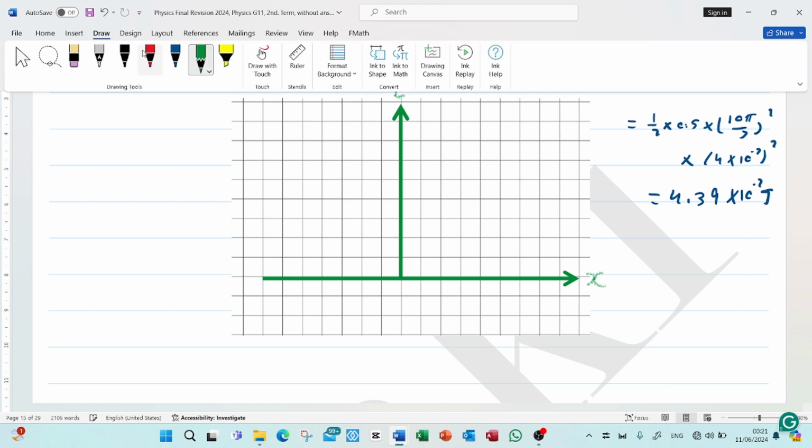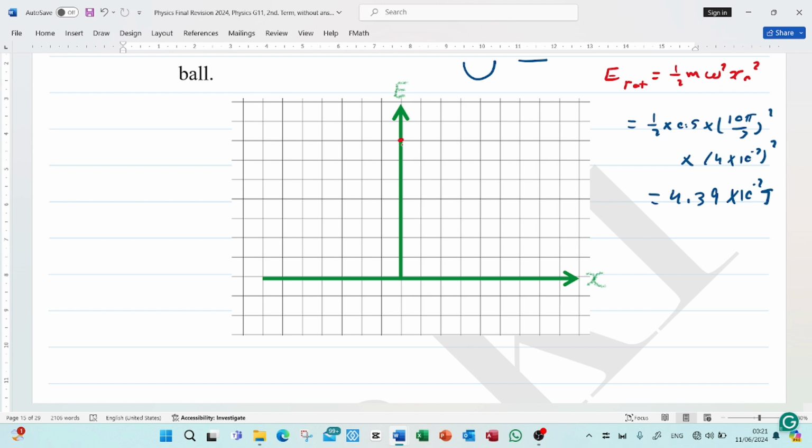Now, the total energy is that one, 4.39. We can say this is the maximum energy, or the total energy, 4.39 multiplied by 10 to the power negative 2 joule.